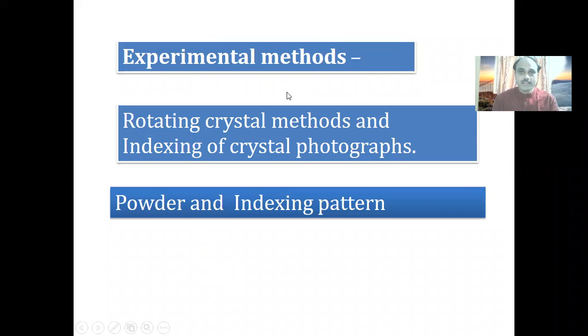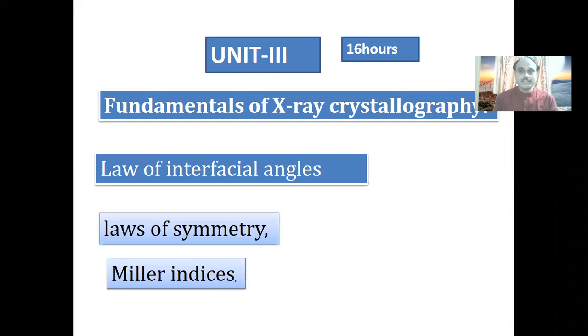Yes, the fundamentals of X-ray crystallography, Unit III, which is a 16-hour topic, includes the concept of the law of interfacial angles. What is this law of interfacial angles?